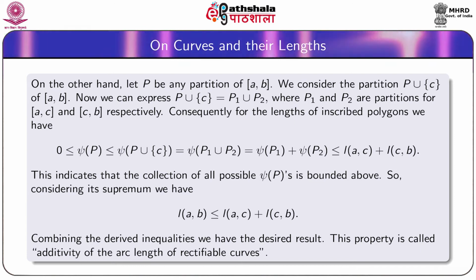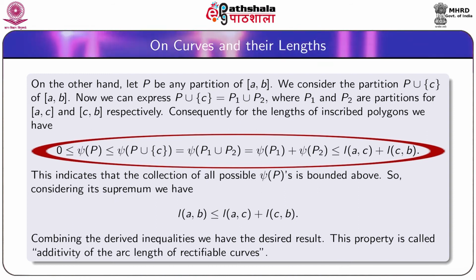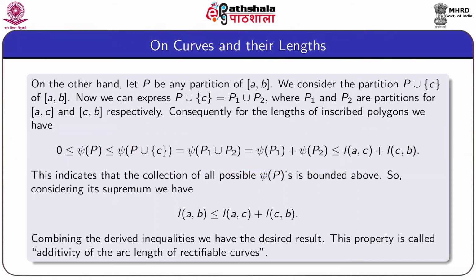Consequently, for the lengths of inscribed polygons, we have 0 less than or equal to psi(P) less than or equal to psi of P union singleton c equals psi of P1 union P2 equals psi(P1) plus psi(P2) less than or equal to L_AC plus L_CB. This indicates that the collection of all possible psi(P) is bounded above. So, considering their supremum, we have L_AB less than or equal to L_AC plus L_CB.